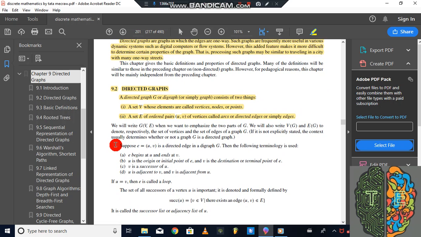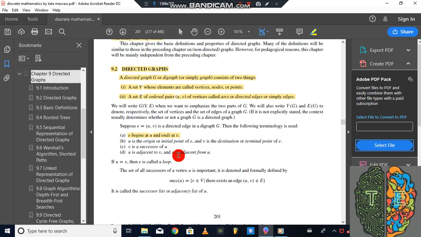Suppose e equal to (U, V) is directed as in diagram C, then the following terminology is used. e begins at U and ends at V. U is the origin or initial point of e, and V is the destination or terminal point of e.